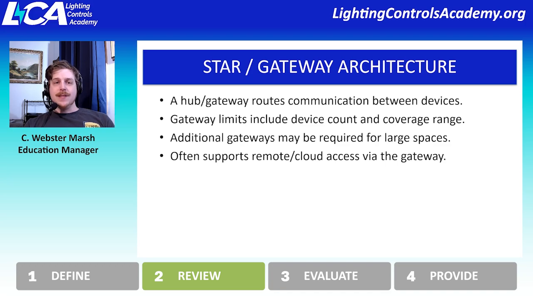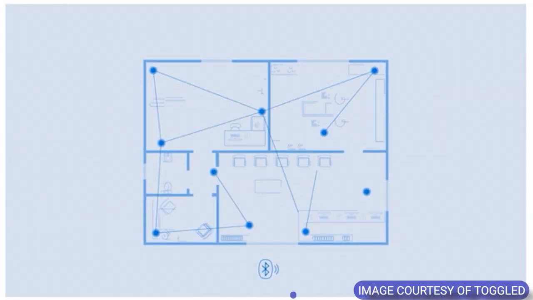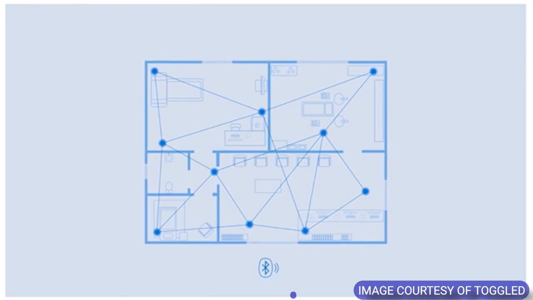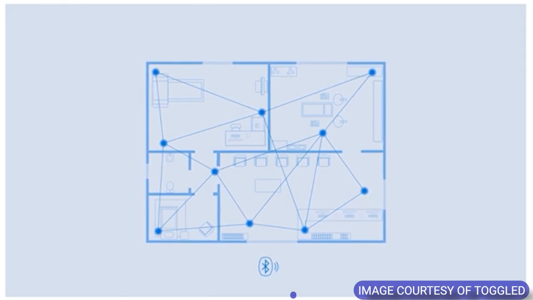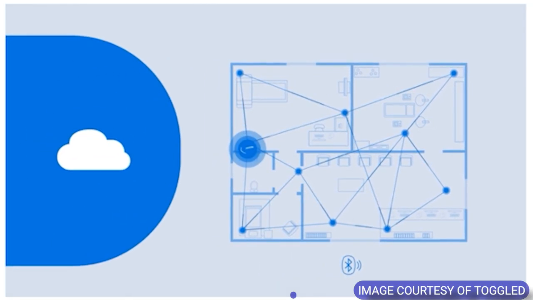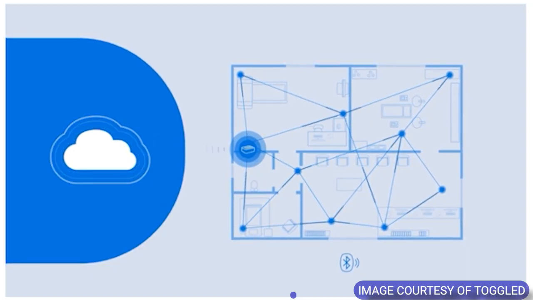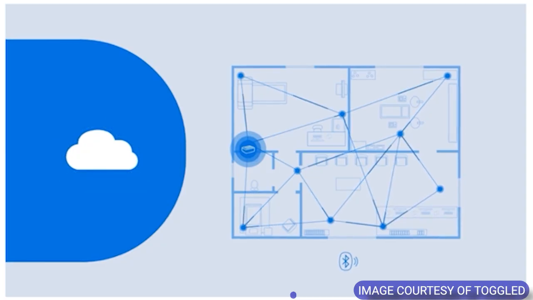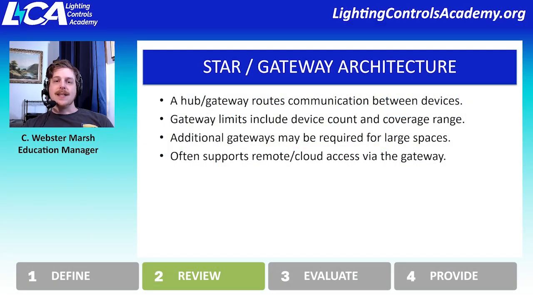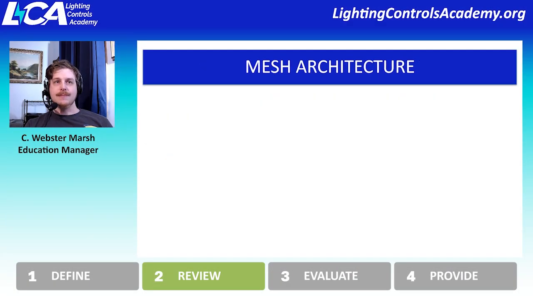With gateways, we often see remote or cloud-based access capabilities. So if you want to control the lighting from a separate space or over the internet, that is certainly possible. That's not always going to be the case, but keep in mind that gateways can also expand the connectivity capabilities of the system.